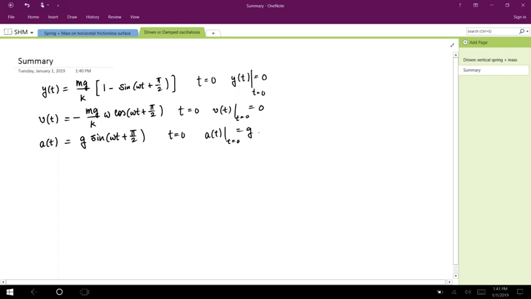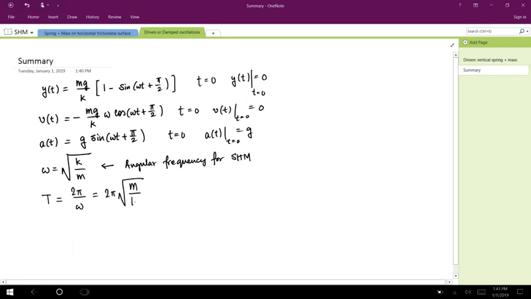Okay. The other things that we need to know are omega is equal to still square root of k over m. This is the angular frequency for the SHM. And we can find the time period, which is equal to 2 pi over omega, which is the same as 2 pi square root of m over k.